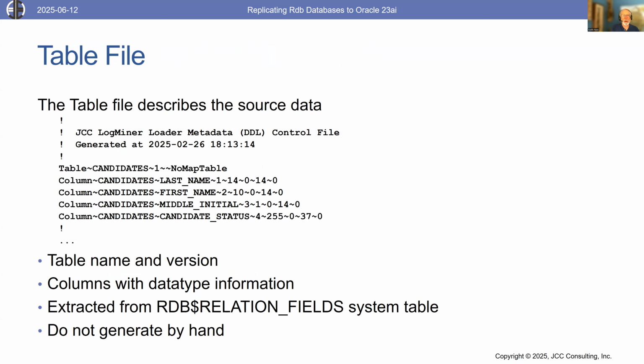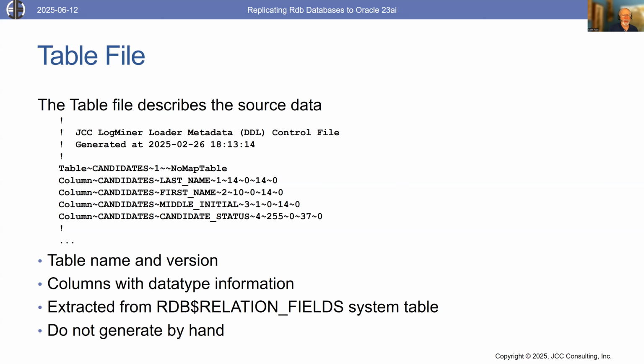For each table, there's the table name, a version number, and then a list of columns. The columns contain the column name and the data type information and other information that's related to the data type.